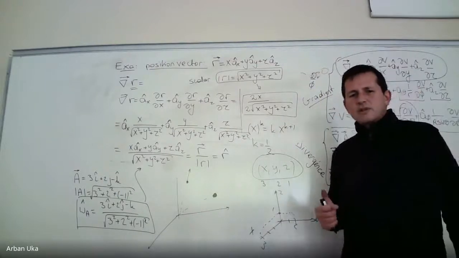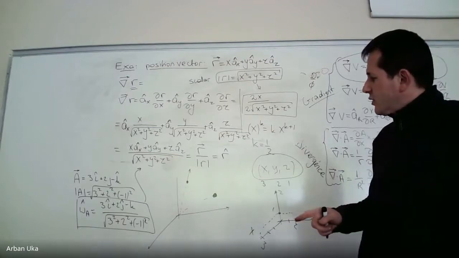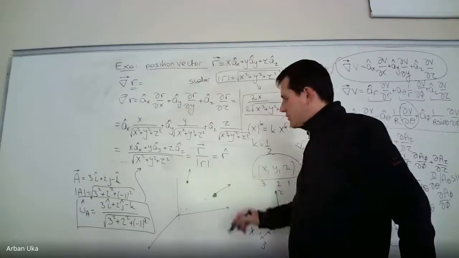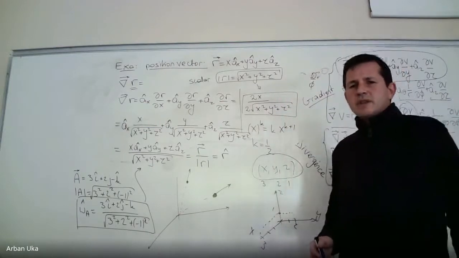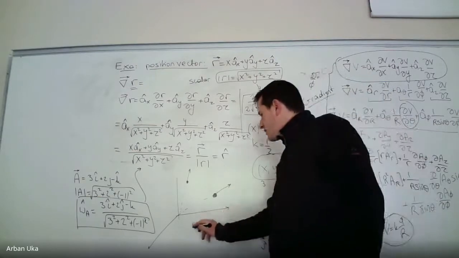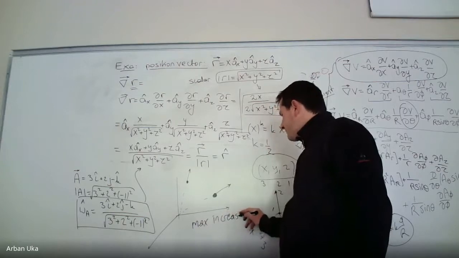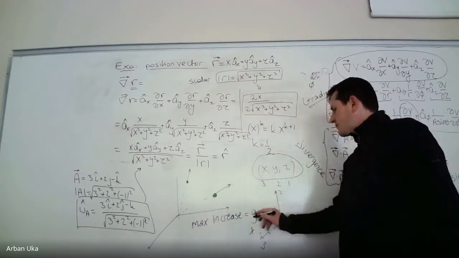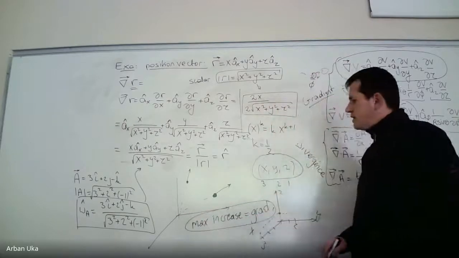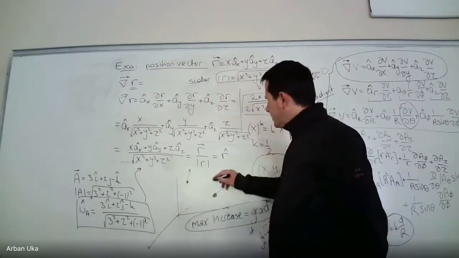So we can ask the same question in two different ways. The first version is: what is the direction over which the quantity increases the most? The second version of the question is: what is the gradient? It's the same thing. So we can say this maximum increase is equal to this gradient.